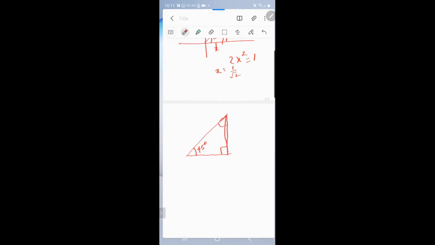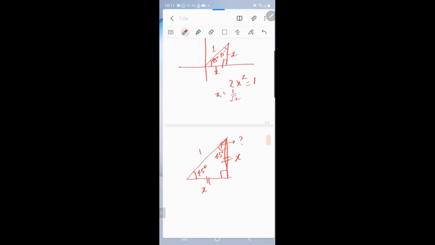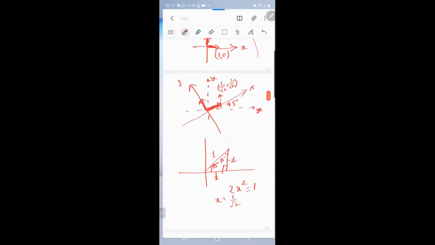So if this angle is 45 degrees, what is this angle? This is 45. What is this angle? 45. So this is an isosceles triangle, right? So if this side length is x, this side length is also x. And the hypotenuse is of length 1 because this was originally our unit vector.